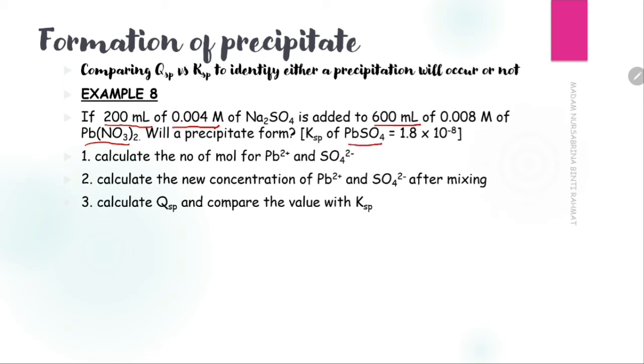So let's first calculate the number of moles of lead ion and sulfate ion present initially, from the given concentration and volume of our two different solutions. Lead ions come from my lead nitrate, Pb(NO3)2, whereas my sulfate ion comes from my sodium sulfate.